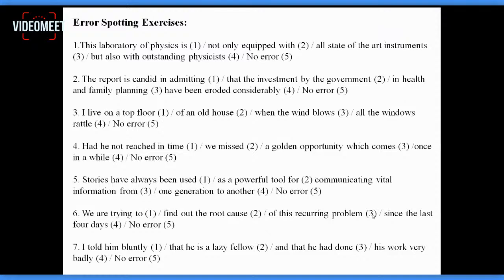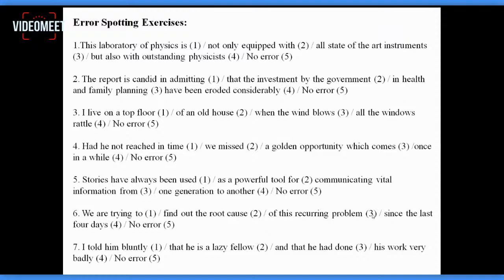So that is where I use for, to denote a period of time. So since the last 4 days, now you're talking about the duration. So since would be replaced with for the last 4 days. The error is in the fourth part of the sentence, and we would replace since with for.